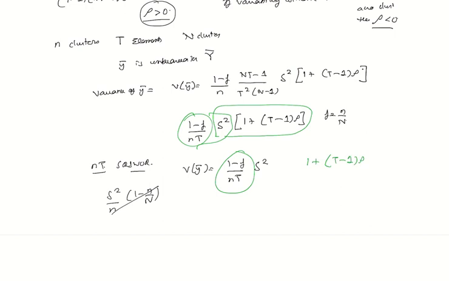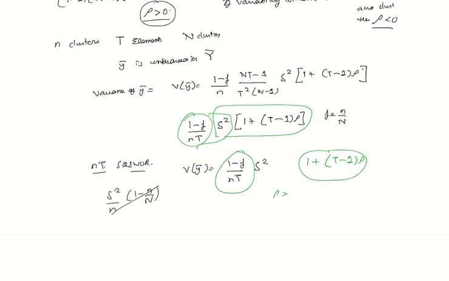And as you can also see, if rho is positive, then this whole thing is going to be more than 1, in which case the variance of y bar by cluster sampling is going to be more than the variance by SRSWOR.